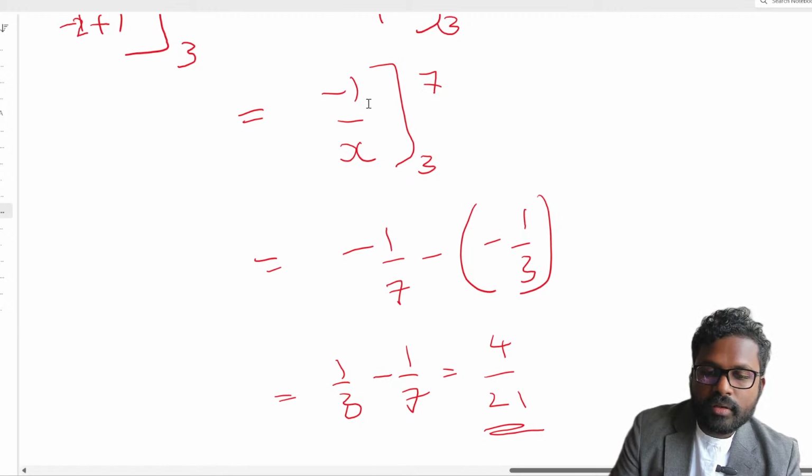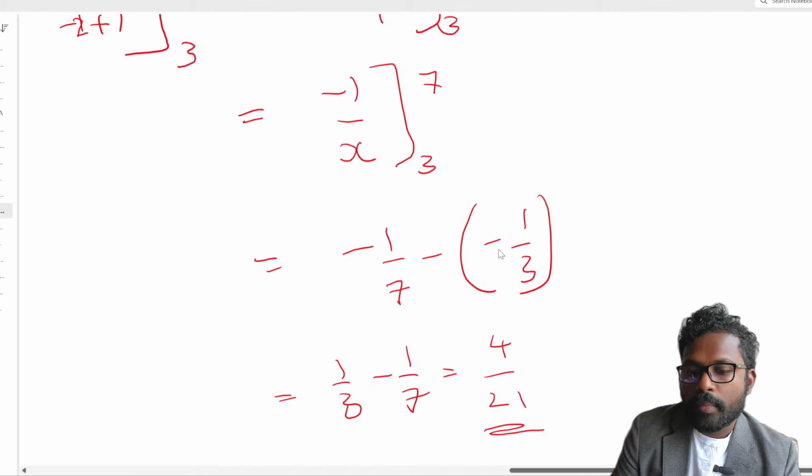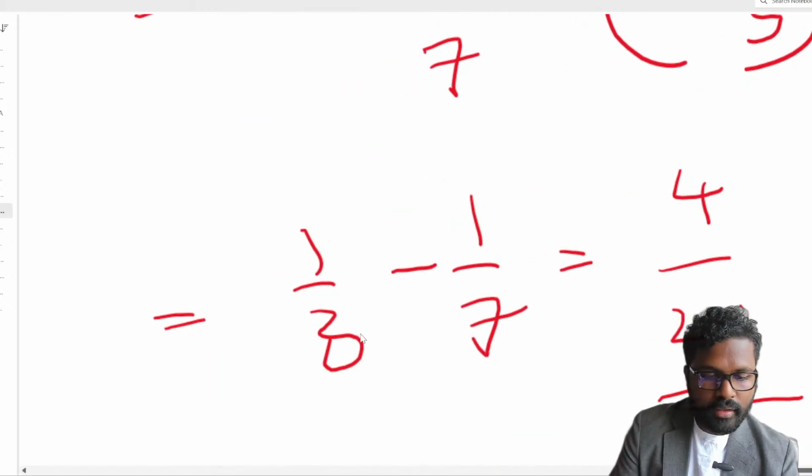First the upper limit goes in, minus 1 by 7, minus of, now the lower limit goes in, minus 1 by 3. So minus of minus is plus, that's why 1 by 3 came ahead of the whole thing.